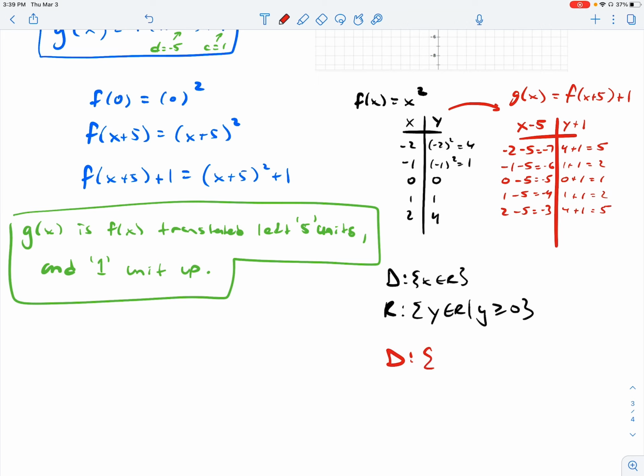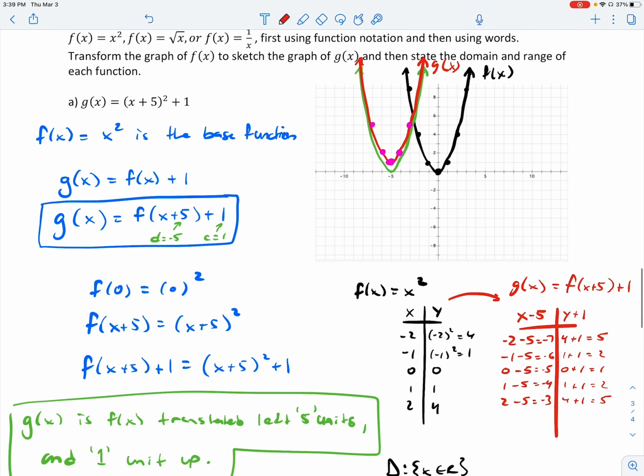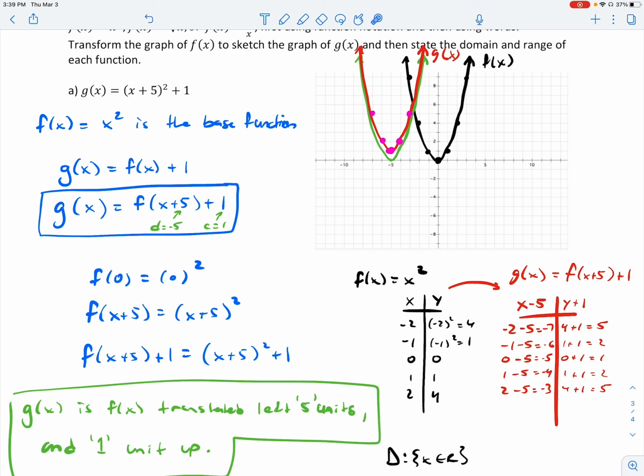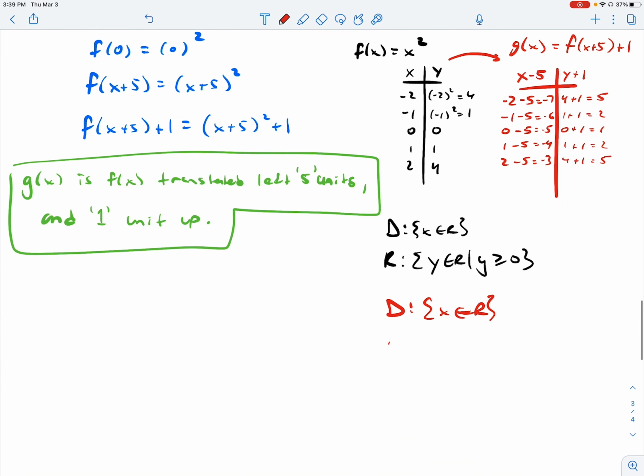The domain, also x is an element of R. There's no restrictions for quadratics, so it's always x is an element of R. Notice though our range, our y values start at 1 and then they go up. So we're going to have everything greater than or equal to 1. Not 0, 1.